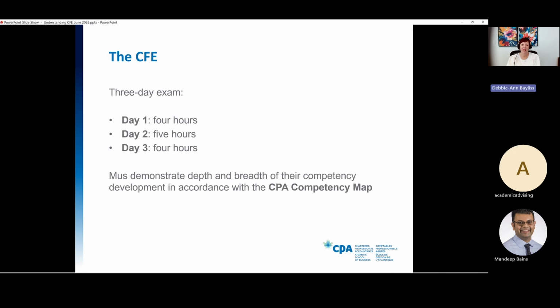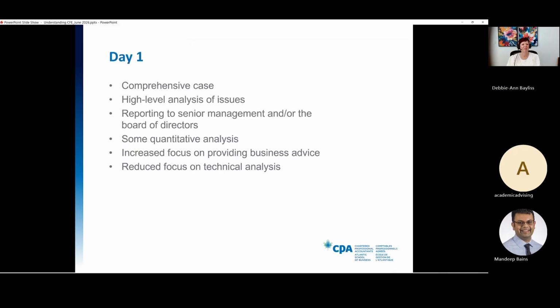From a qualitative perspective, that's meeting a sufficient number of qualitative factors based on the case facts provided. This is all in conjunction with what the CPA Canada Competency Map says and at the specific proficiency levels. I'm going to talk about that in further detail later on.